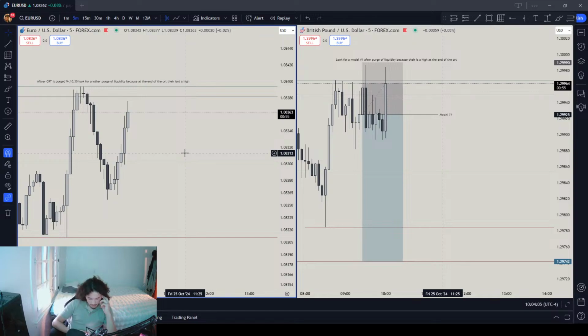Still on a trade. Yes, we are. It's highly likely gonna hit the sell stop. So, yikes.